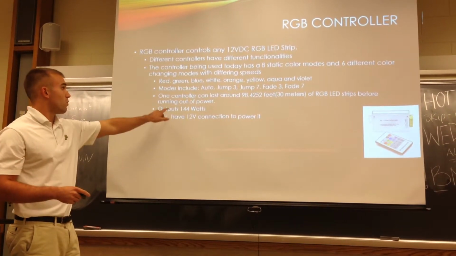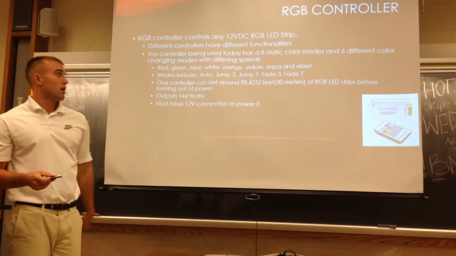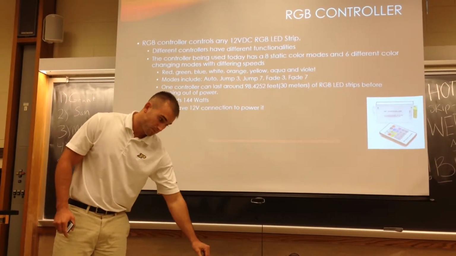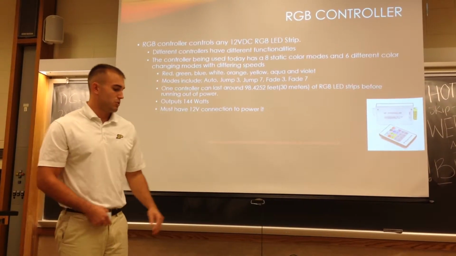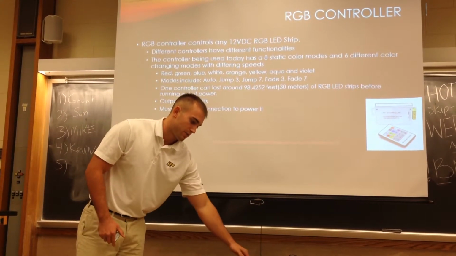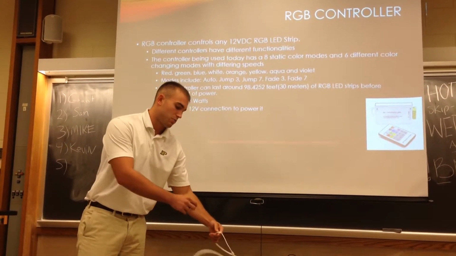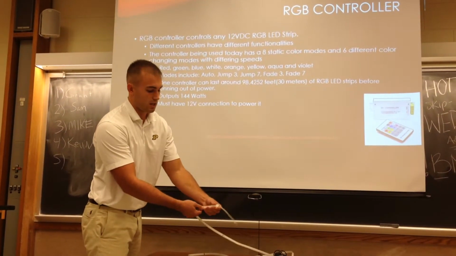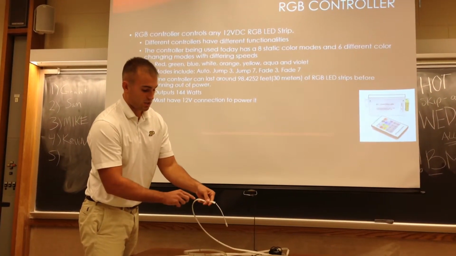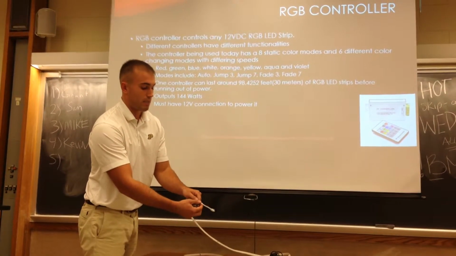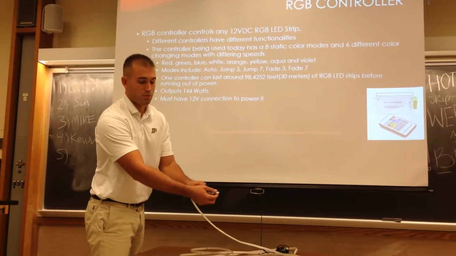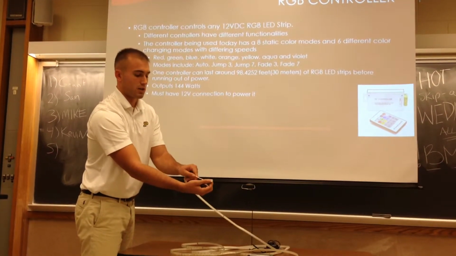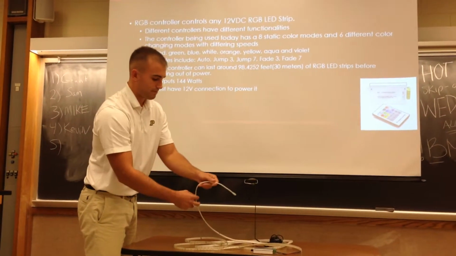Now, like I said, one controller can last around 98 feet of LED strips, and you can actually combine different types of LED strips as long as you place the wires in the correct position. So this one, for example, is, like I said, a GRB, and I have it back at home combined to an RGB strip, which for that one, you have to use the solder points and connect it to this exact spot.